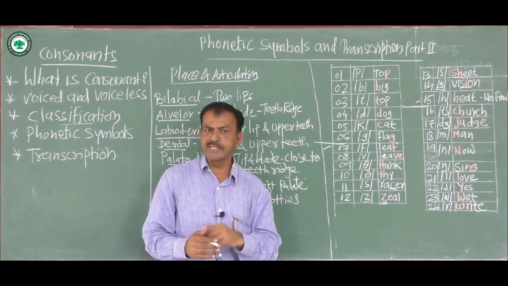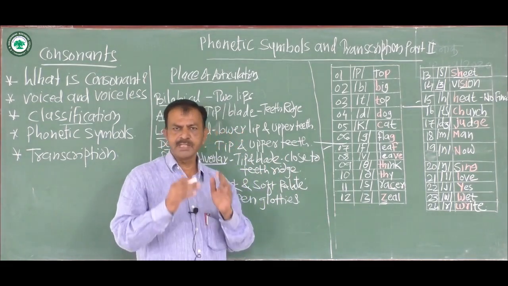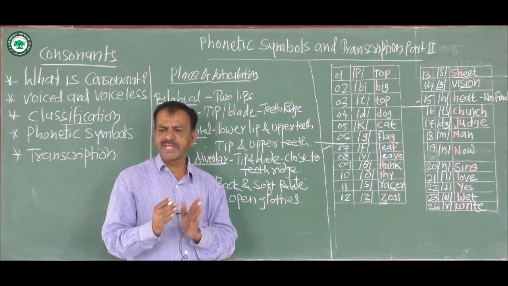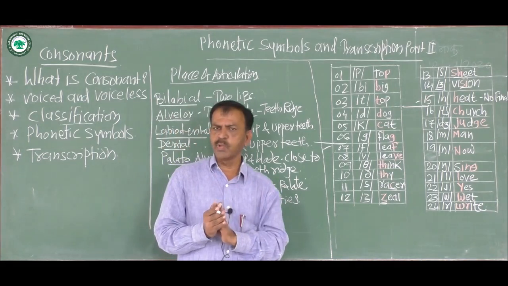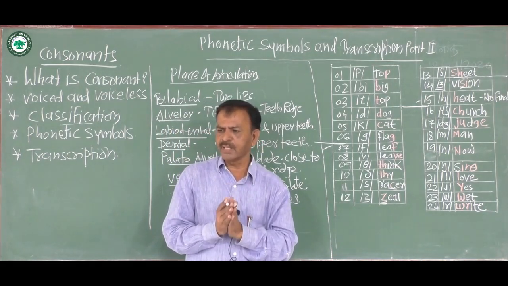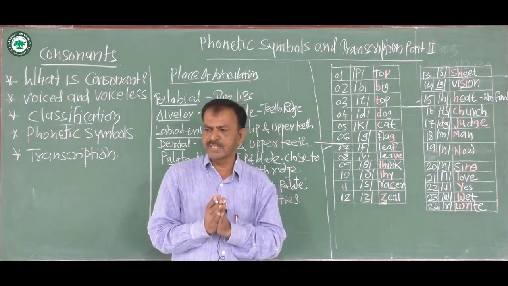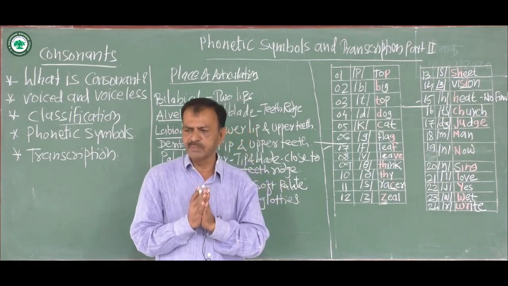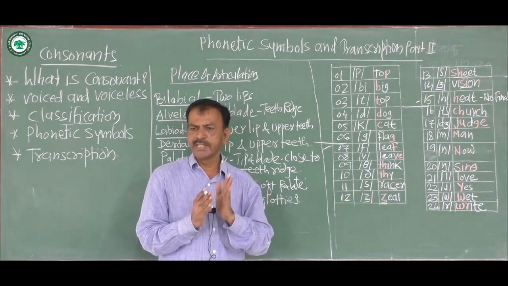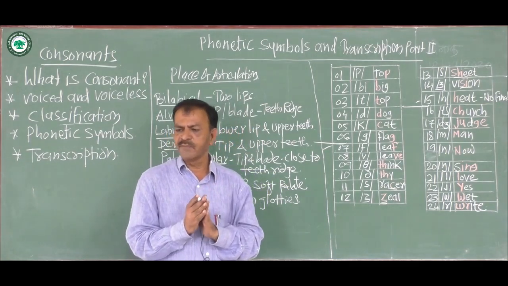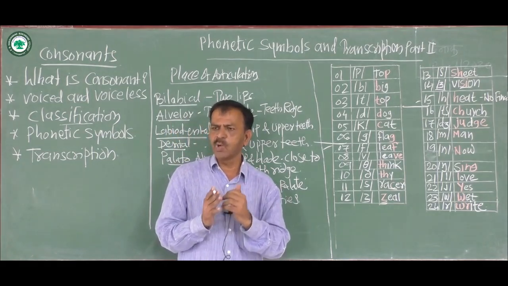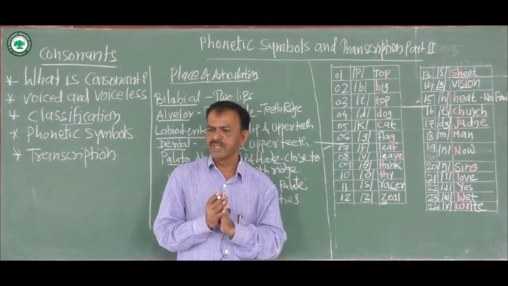The next sound is s, and s is voiceless alveolar fricative, while z is known as voiced alveolar fricative. The next sound is j, as in Jill. It is voiced alveolar fricative, while sh is known as voiceless palatoalveolar fricative.